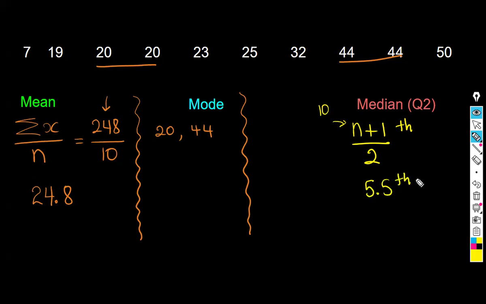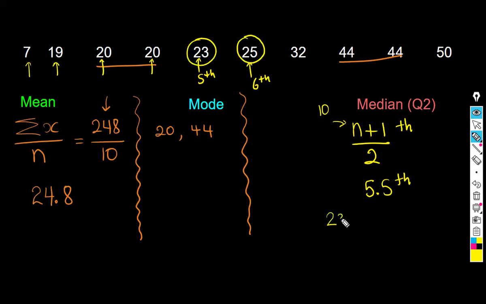So the median is living in the 5.5th position. This is the first, second, third, fourth, fifth. So this is the 5th position, and this is the 6th position. It's living in between 23 and 25.